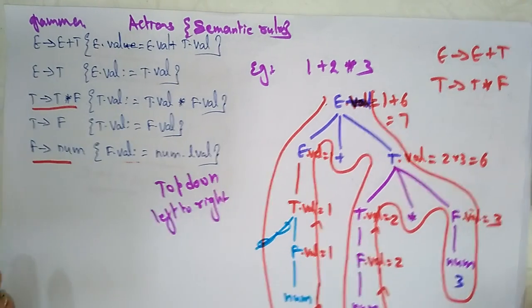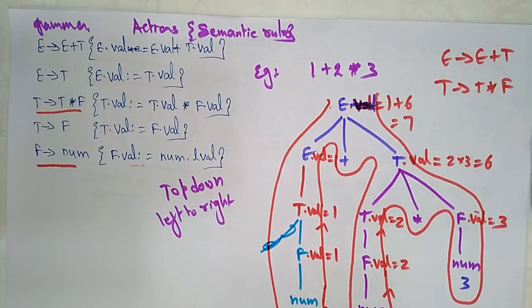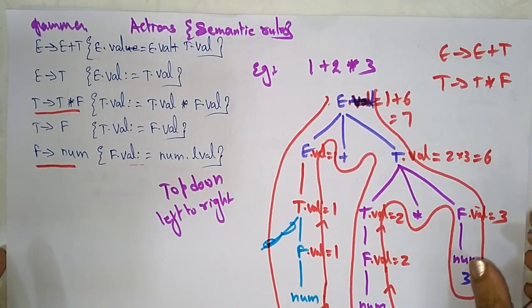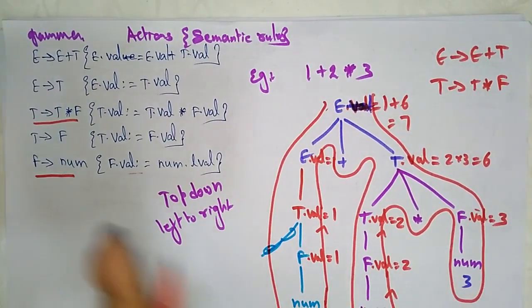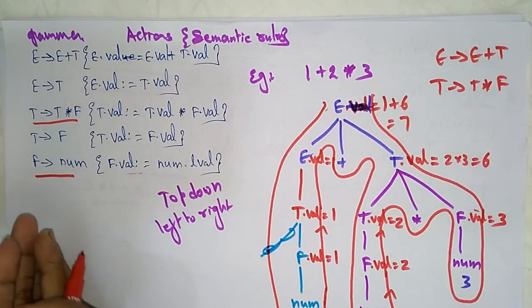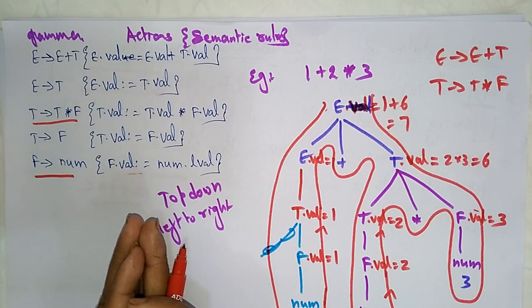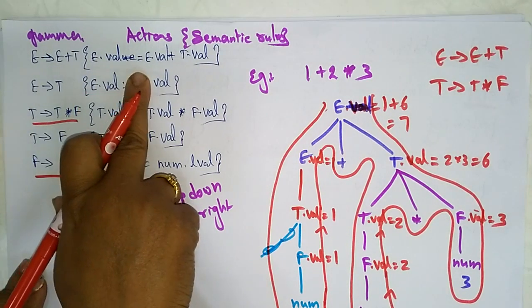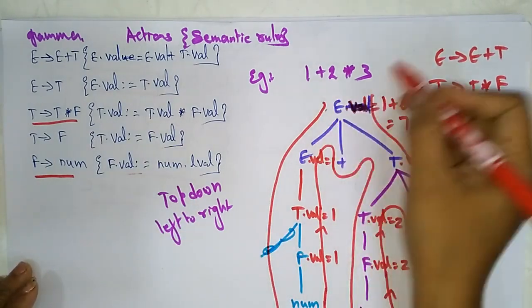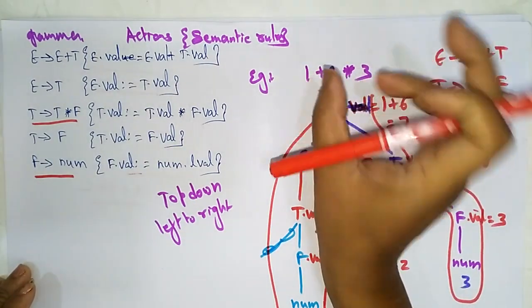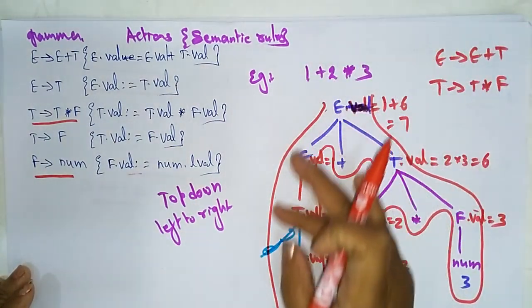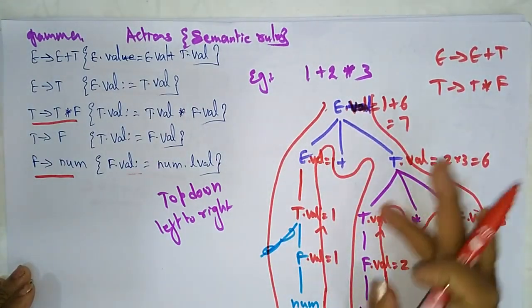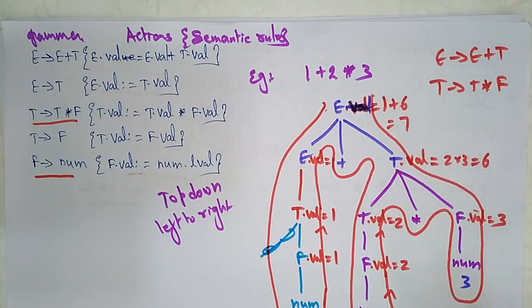So this is how you have to implement the syntax directed translation. So just take the grammar and for that grammar write the actions, that is the semantic rules for the grammar. Just you need to place dot val. Okay. And take that equation, whatever the expression that you are taking, that expression should be represented in the form of a parse tree.